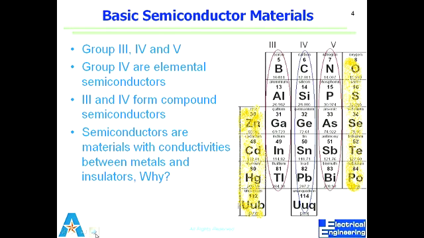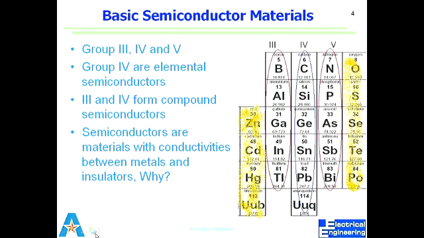These are group 4 and are called elemental semiconductors. Now if we make a compound of groups 3 and 5, group 3 would have 3 electrons in the outer orbit and group 5 would have 5. We bring them together, they share, and the end result is that the outer band is again half filled.